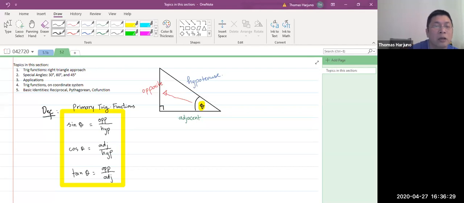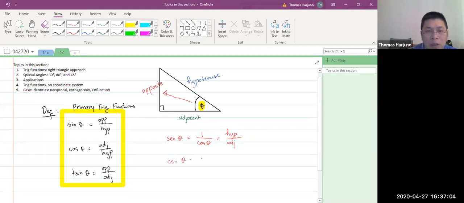And then the secondary ones, we have secant. Now, secant theta is the reciprocal of cosine theta. You can memorize it that way. But of course, the formula for cosine is adjacent over hypotenuse, and secant is the reciprocal of that, which will be the hypotenuse over the adjacent. Now, cosecant theta is 1 over sine, the reciprocal of sine.